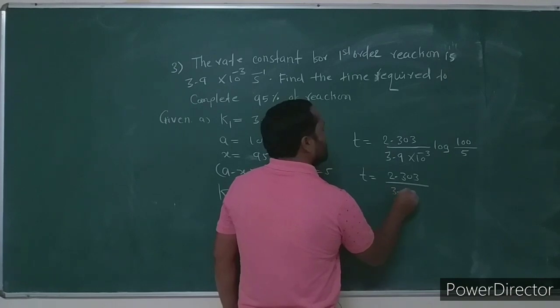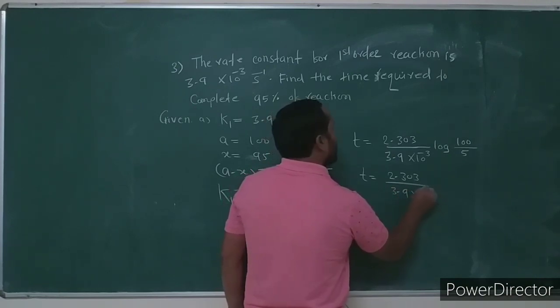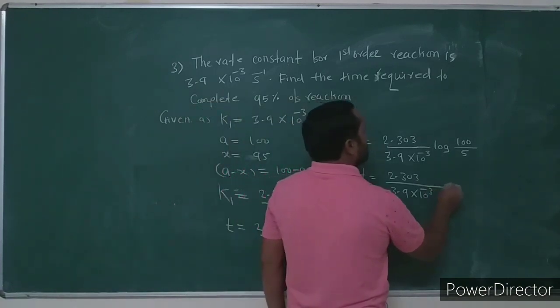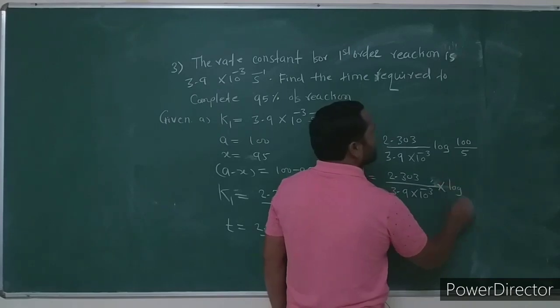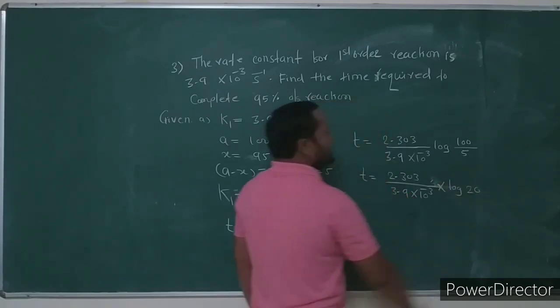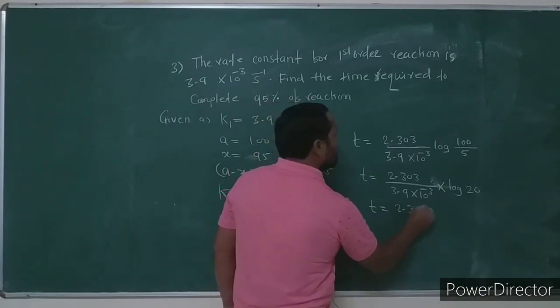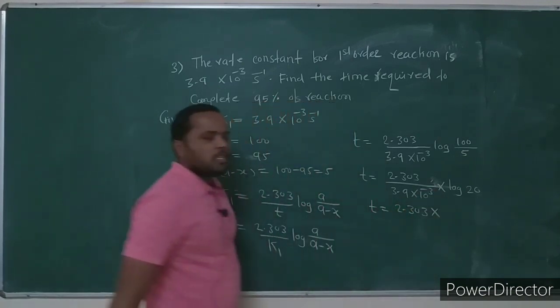2.303 divided by 3.9 into 10 raised to minus 3 into log 20. Then what is the log of 20?